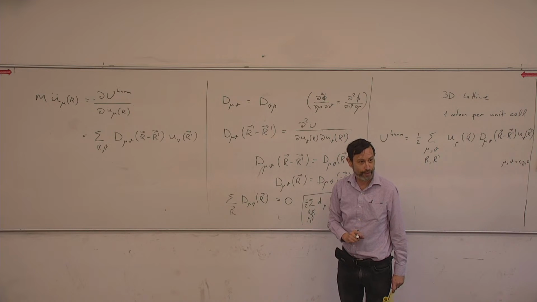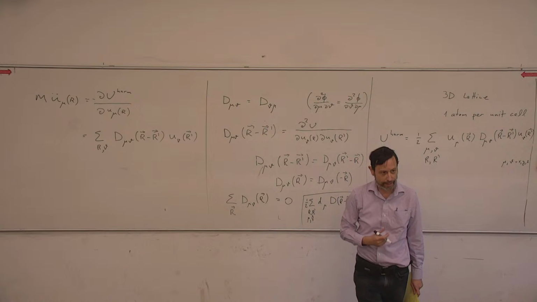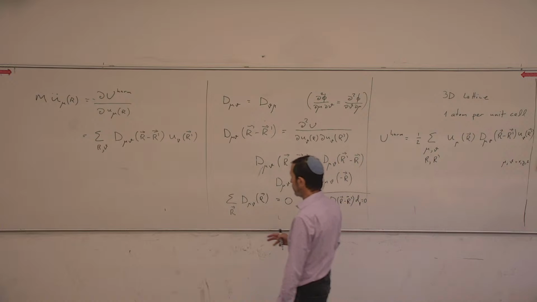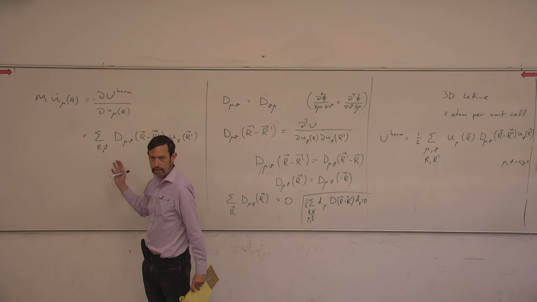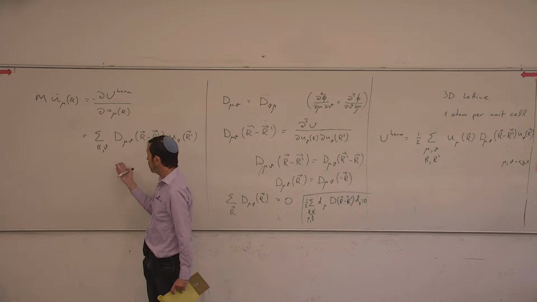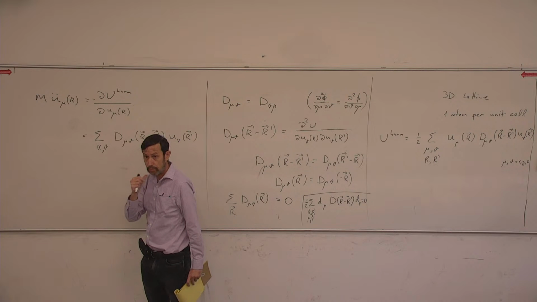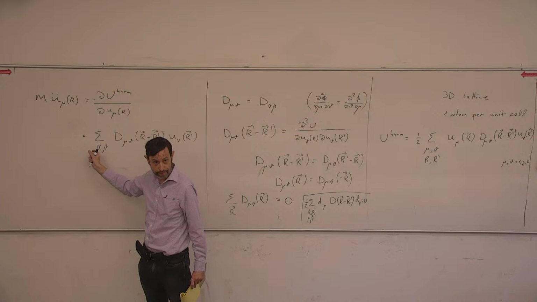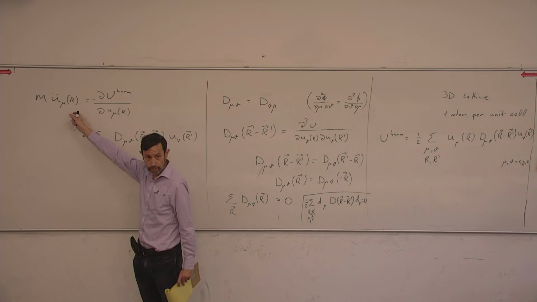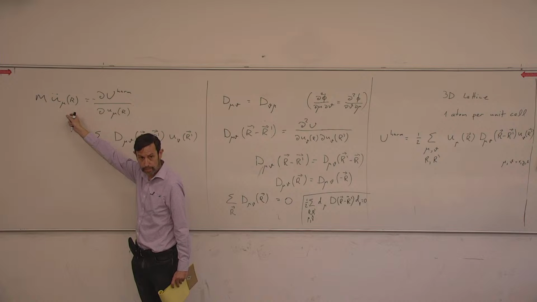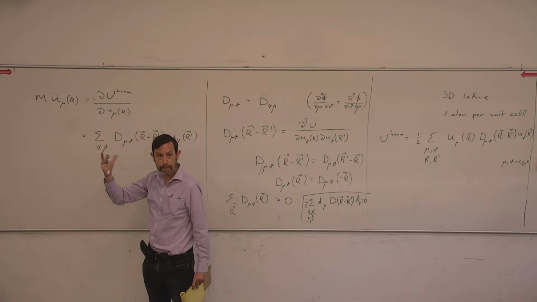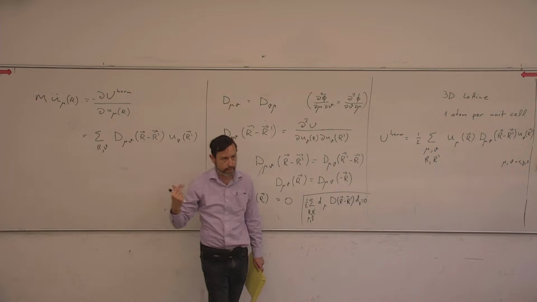Now we get to the point of guessing a solution and seeing if it actually fulfills this equation. Looks scary, but it's the same as what we had previously. For each lattice point, we have an equation for the second derivative of the displacement. The only thing that's added here is that it could depend on each of the directions x, y, z.